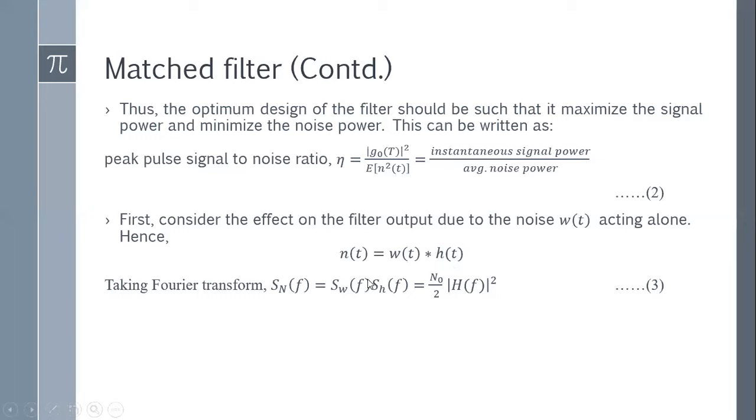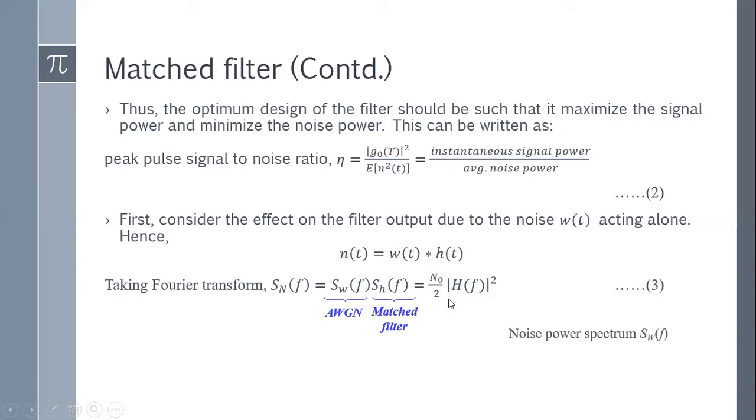Since I am considering white noise, which has a Gaussian distribution, its power spectral density is given by N0 by 2. And the Fourier transform of h of t is given by H of f whole square. This is the Fourier transform of the noise portion, this is the Fourier transform of the matched filter, and we don't know the value of this. We have to find this.